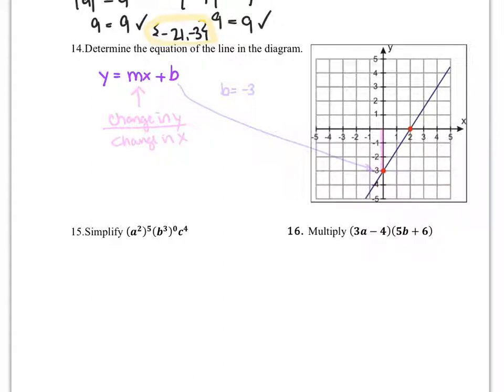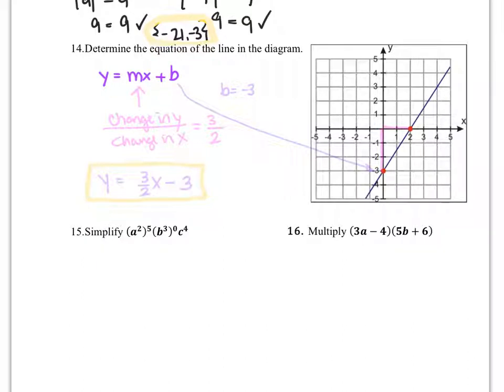So the change in y is 3 over the change in x, 1, 2. And that means that we've got everything that we need to write our equation. Y is equal to 3/2 x minus 3. And that's our final answer for that question.